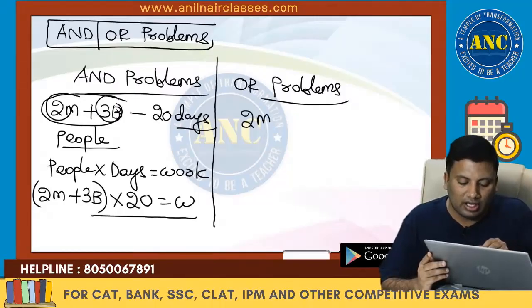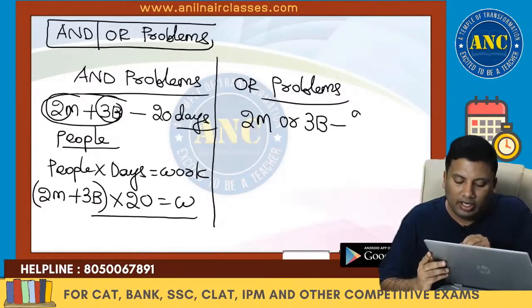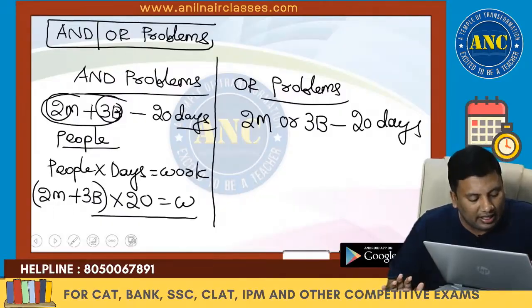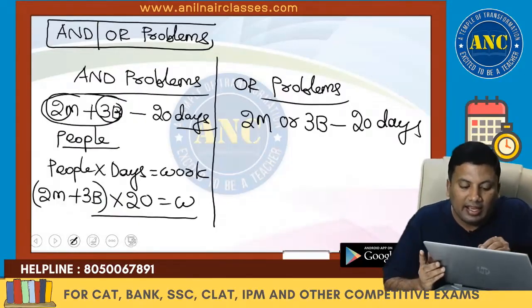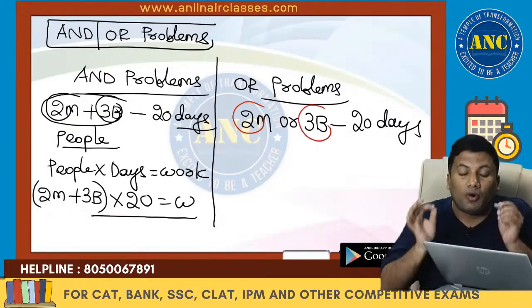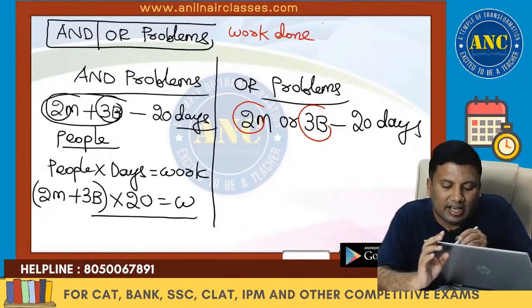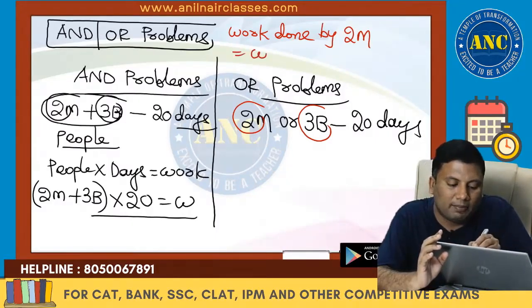Suppose the question is 2 men or 3 boys are doing the work in 20 days. OR means either this or that. The meaning of this line is, whatever the work that is done by 2 men, the same work can be done by 3 boys.